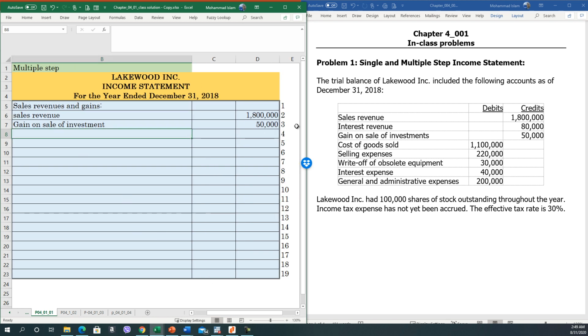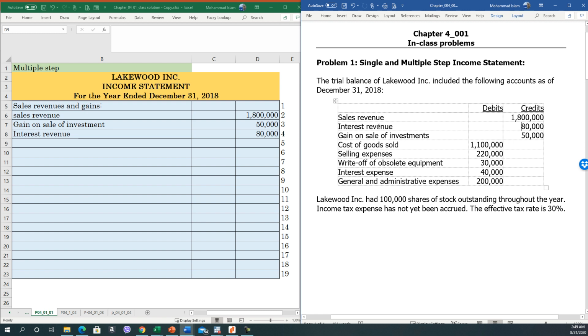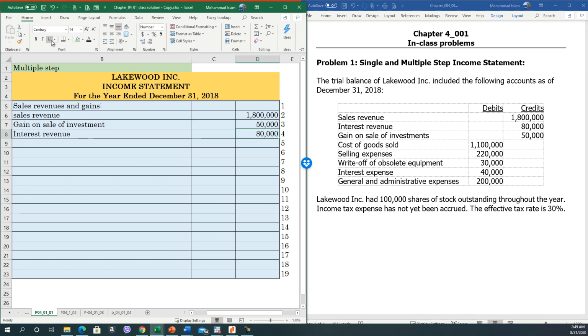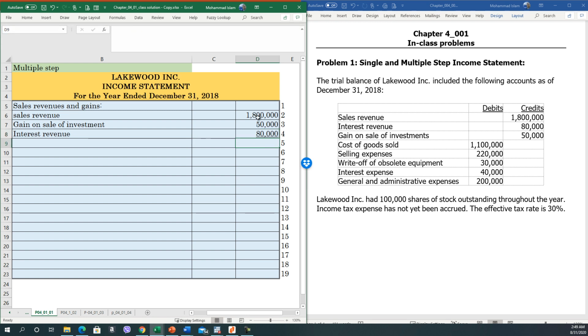Then we have the interest revenue. We have another revenue, which is interest revenue, that is 80,000. We can see that this is the 80,000 of interest revenue we have. So let's sum up all the revenue. I'm just using the underline, and we can use the auto sum. Here is the auto sum.